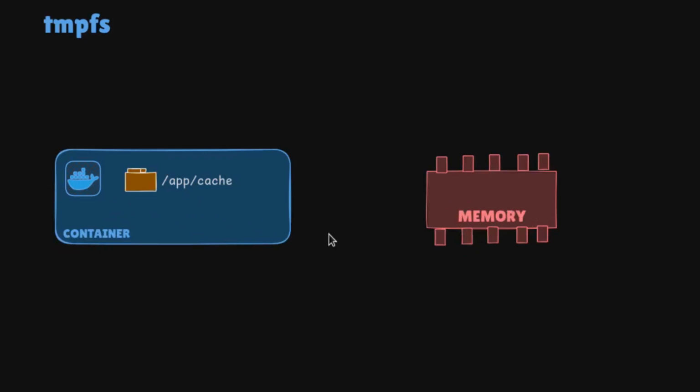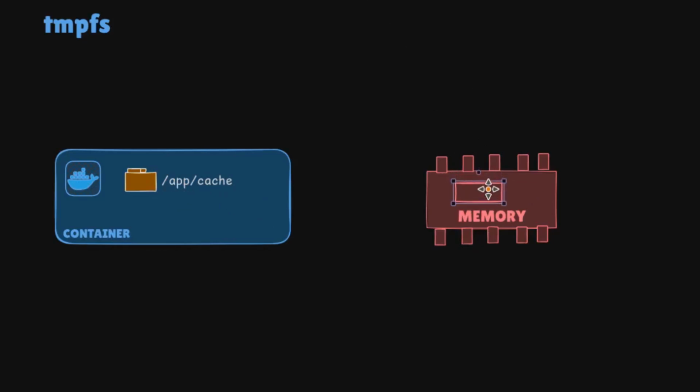Say, for example, in your container you are writing some data in a certain folder, in a file, which you want to access very frequently. If you write it in storage or disk, it will take time because storage is much slower than memory. That is why Docker gives us one option to mount some location of your memory.